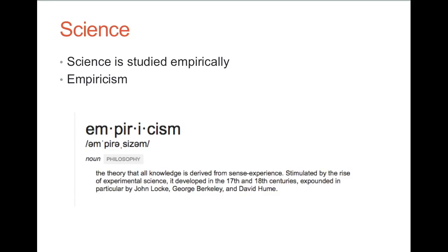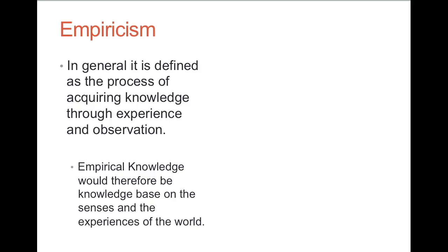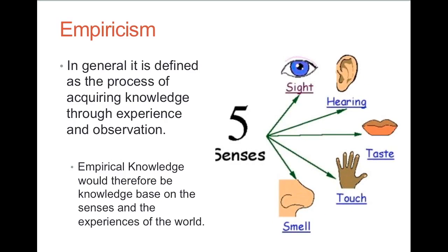The theory that all knowledge is derived from sense experience. In general, it is defined as the process of acquiring knowledge through experience and observation. If you want to know more about basic science concepts, you can see my previous video that will be listed in the same playlist.